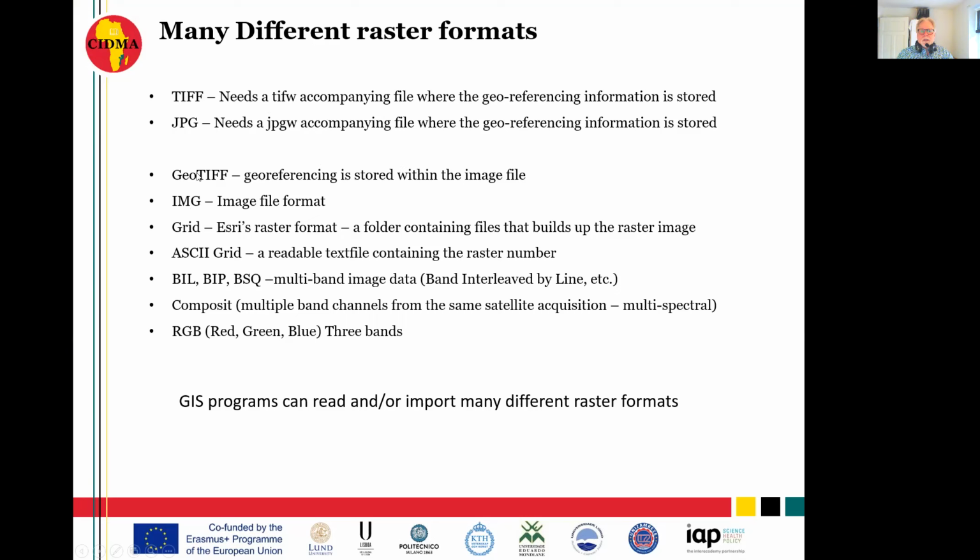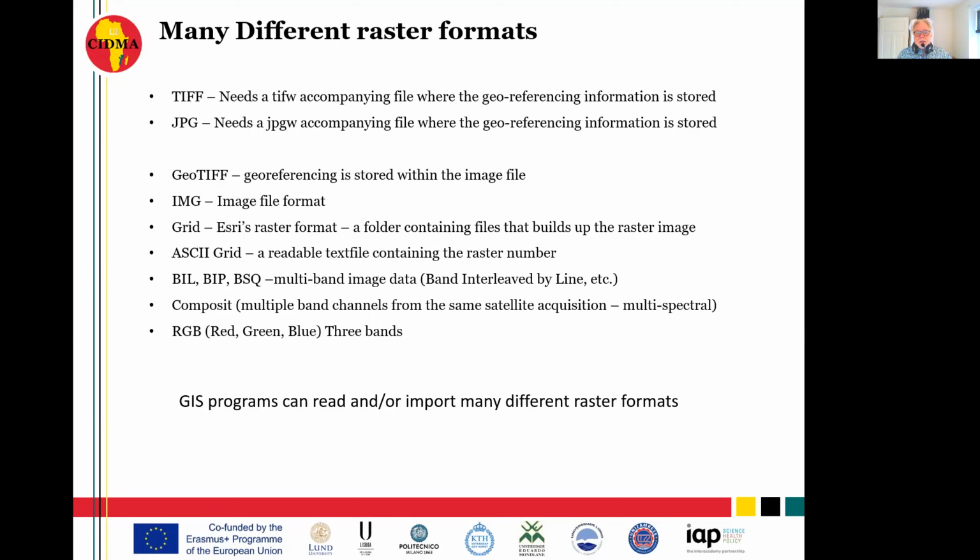There are also other formats that can be used. The GeoTIFF will have the georeferencing stored inside the image file, for instance. There can be an IMG, an image file format. It could be an Esri grid raster format, which is a folder containing files that build up the raster images.